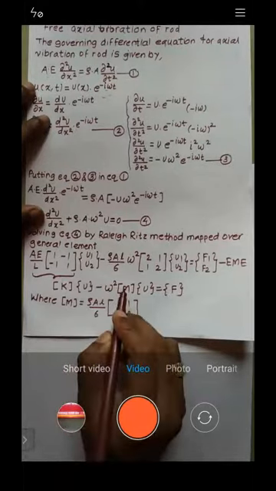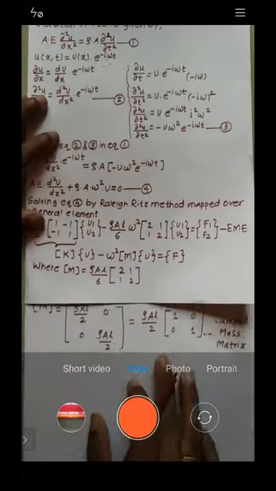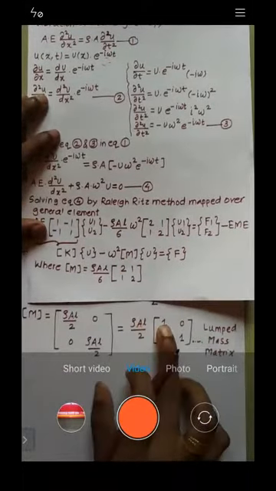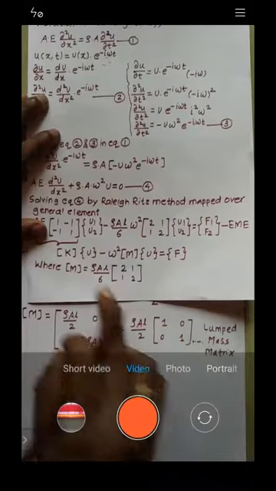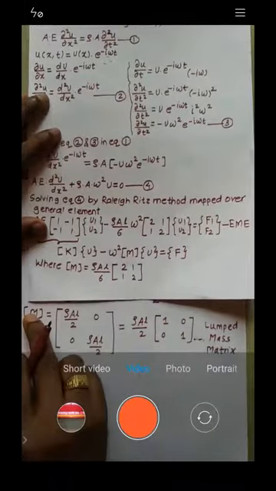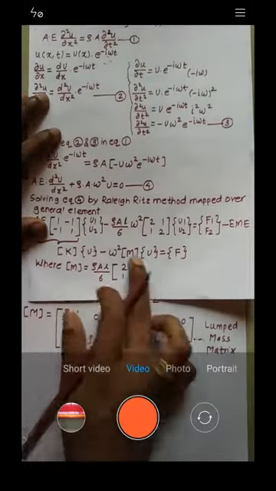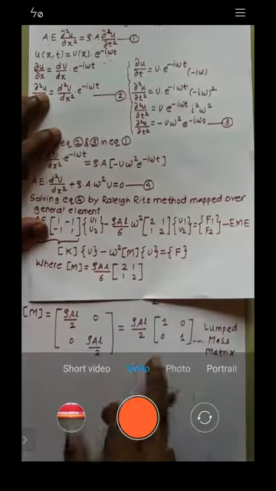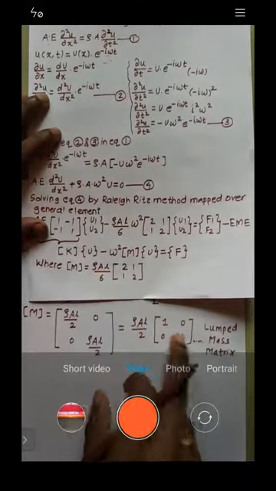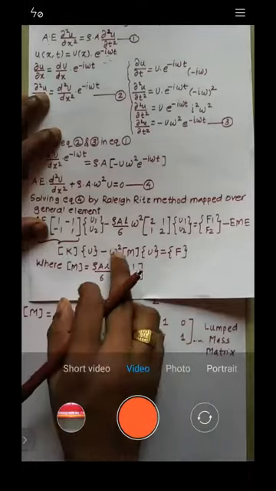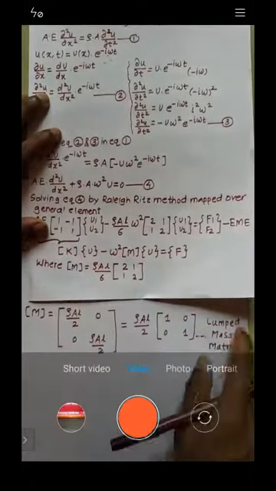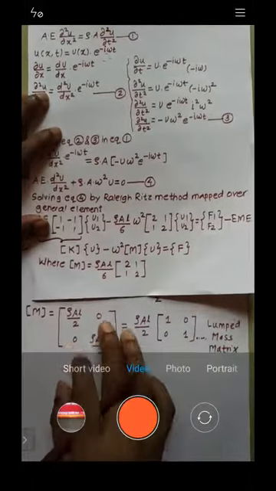But if you put this M as rho AL by 2 times 1, 0, 0, 1, you will get the natural frequency calculated by using lump mass matrices. Have you understood this?